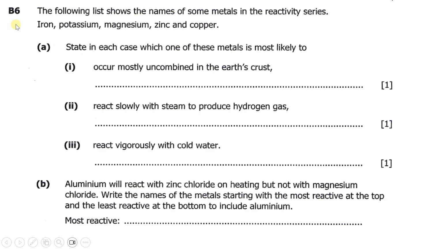Then you come to B6. The following list shows the names of some metals in the reactivity series. We have iron, potassium, magnesium, zinc, and copper. Then A, state in each case which one of these metals is most likely to, part 1, occur mostly combined in the Earth's crust.